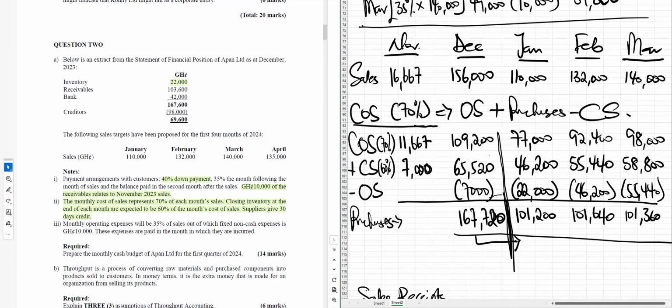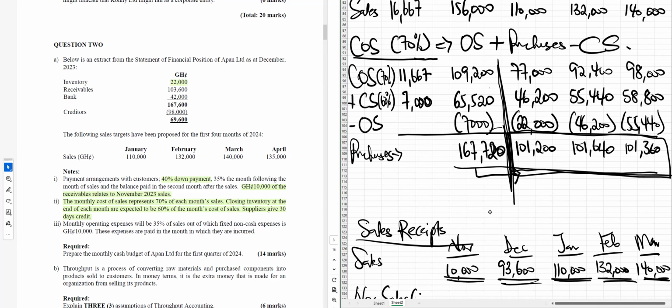Okay. But wait, it was not necessary because they've already given us this payment. So they are telling us that these are the purchases, right? From January to what? March. Okay. So in that case, we know that December purchases will be paid in January. So on the balance sheet, it will be a credit. So the December purchases should have been this 98,000, not this one. So creditors. That means that's the January purchases.